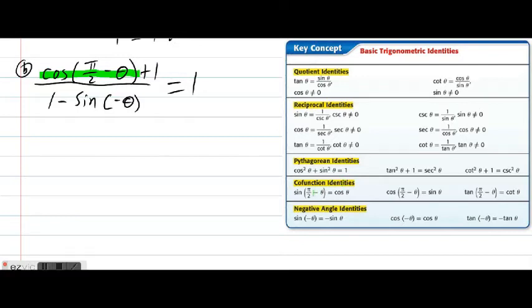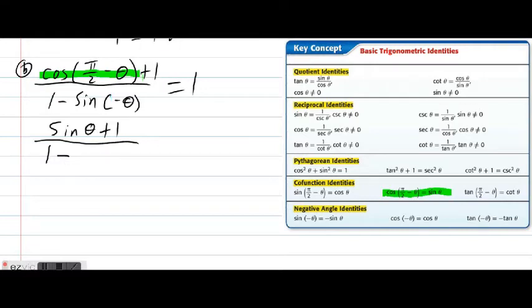Here's the shifting. These cofunction identities, we've seen those as we're just shifting. So cosine of pi over 2 minus theta is simply equal to sine of theta, plus 1, over 1 minus.